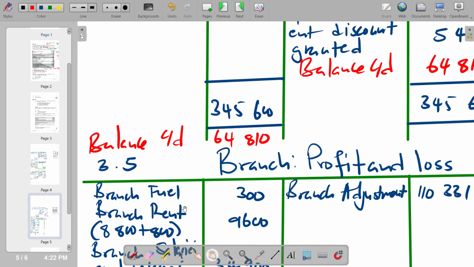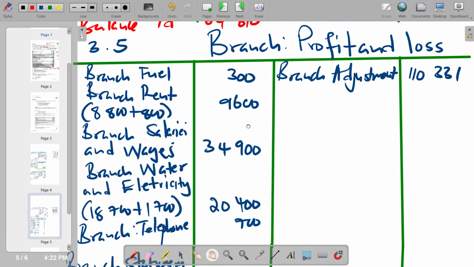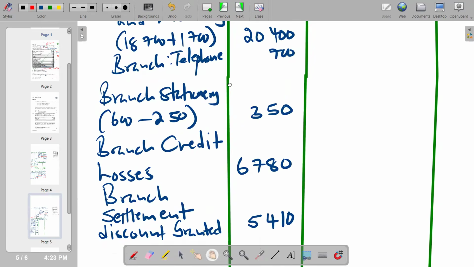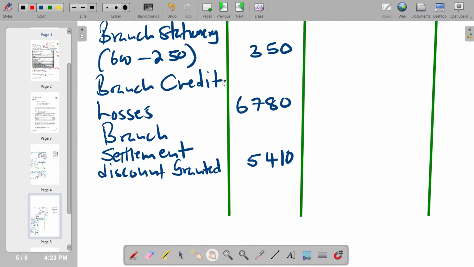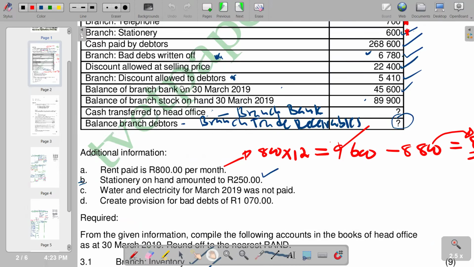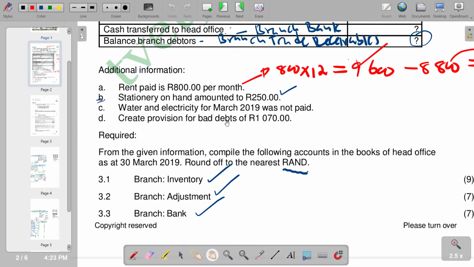We are now left with the branch profit and loss, whereby we also have a further amount that we need to calculate. Remember, if you go to the additional information, we are given a provision for bad debts of 1,070.